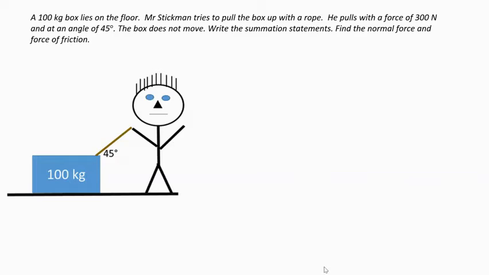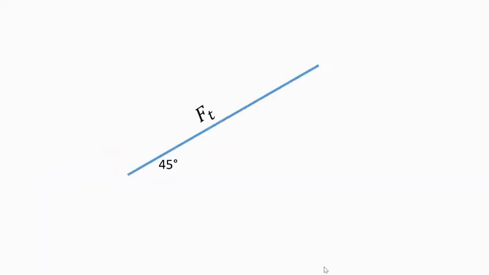So the way we start this problem is by breaking up the tension force, where he's pulling on the rope, into what we call horizontal and vertical components. This is how you do that. Just imagine that the tension force is the hypotenuse of a right triangle.